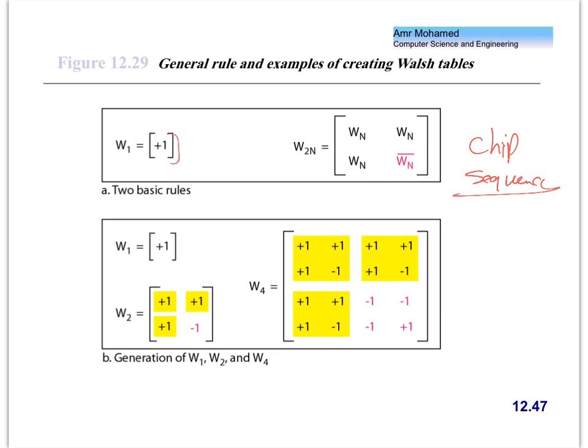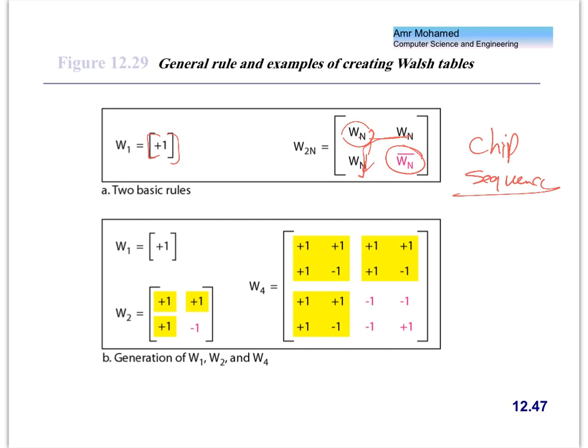You start with a 1 by 1 matrix. Then all you need to do is create another matrix of double the size, only by replicating the same matrix 3 times in this triangle direction, and the fourth one will be toggled, multiplied by -1.